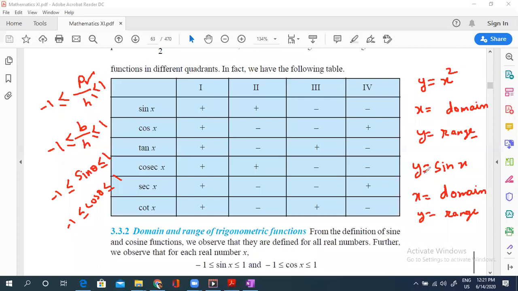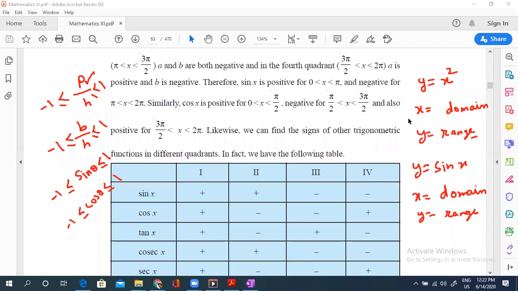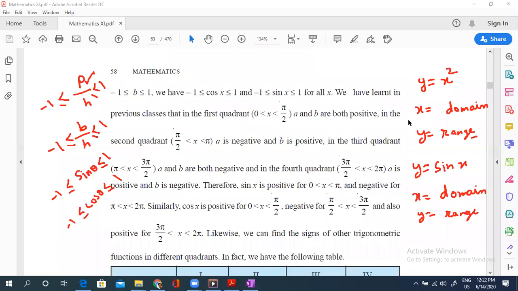Now tell me this. If I'm having y is equal to sin x, then what all can you put in x? Numbers, obviously. Is there any restriction? Tell me. See the table. Right? See this table.